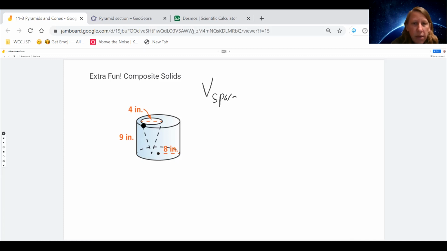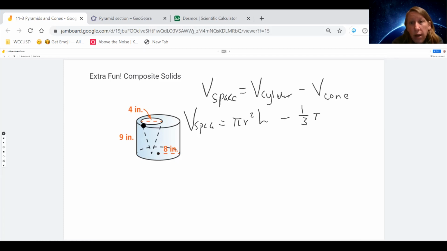Maybe I'll say the space is equal to the volume of the cylinder minus the volume of the cone. And the volume of the space in between them is going to be pi r squared h minus 1/3 pi r squared h. Now the h in both of these is the same, but the radii are different.